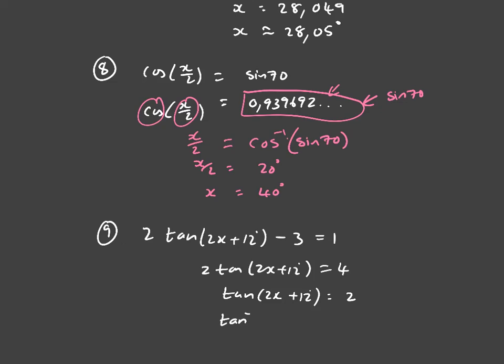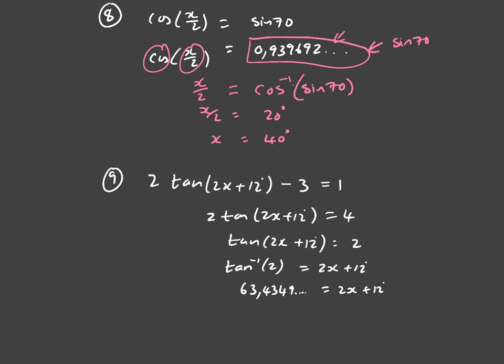Therefore, arctan of 2 is equal to 2x plus 12 degrees. And what is arctan of 2? Arctan of 2 is going to equal 63.4349, which is equal to 2x plus 12 degrees. So therefore, what do we do with that?